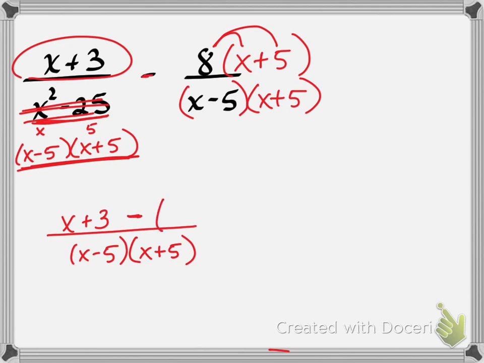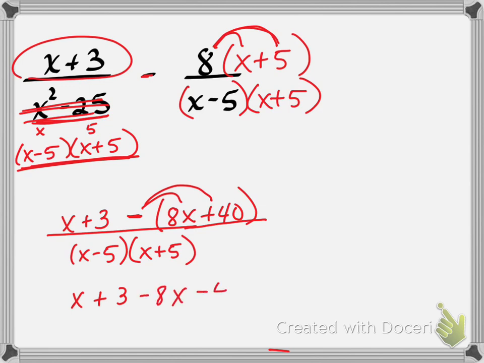That's a tricky little minus. So 8 times x is 8x plus 40. Alrighty, so now we've got x plus 3. Let's distribute the negative to these. Minus 8x minus 40 over.